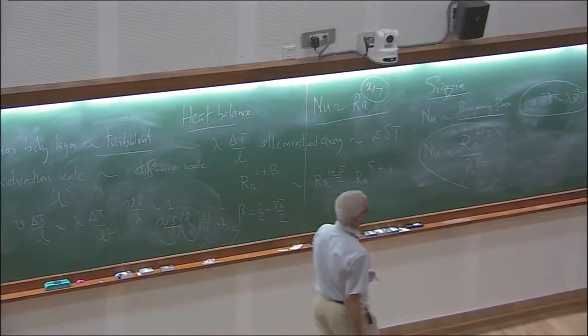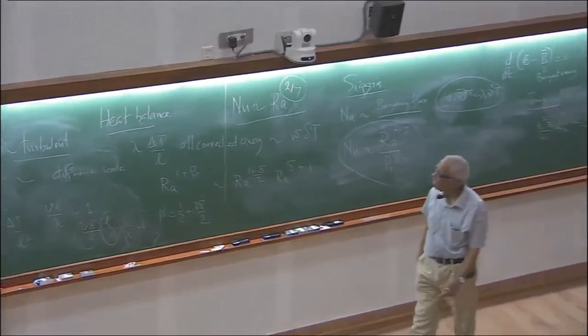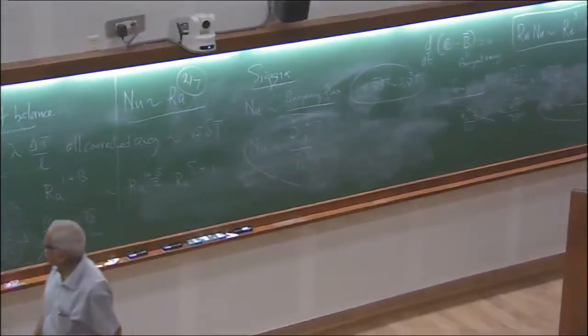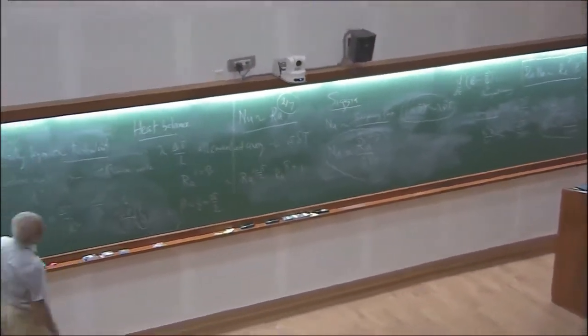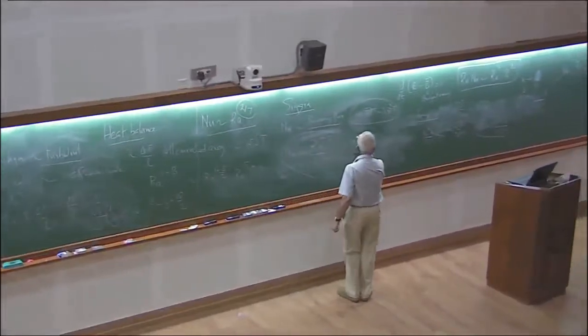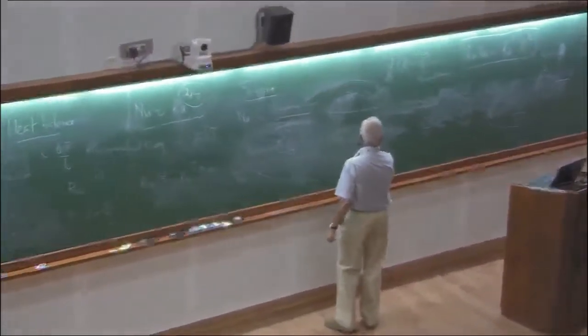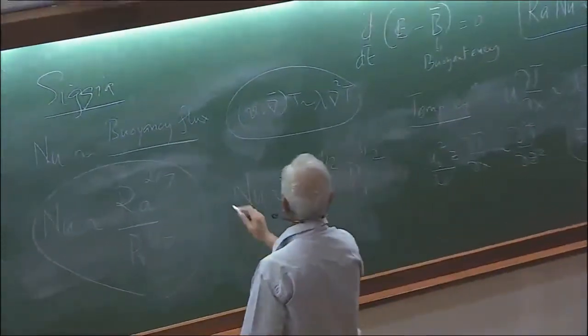This is always valid, so between the two, eliminate your Reynolds number, and you will find that Nusselt number goes as Ra to the power half Pr.